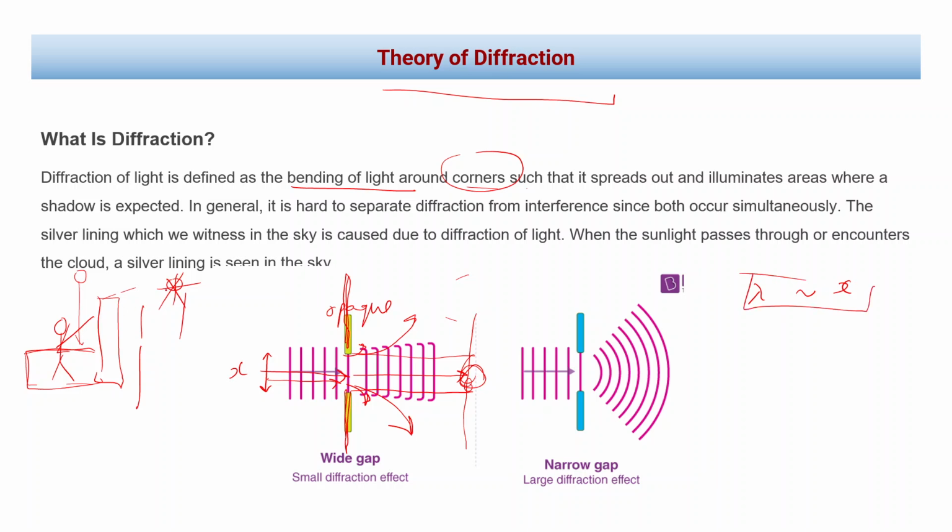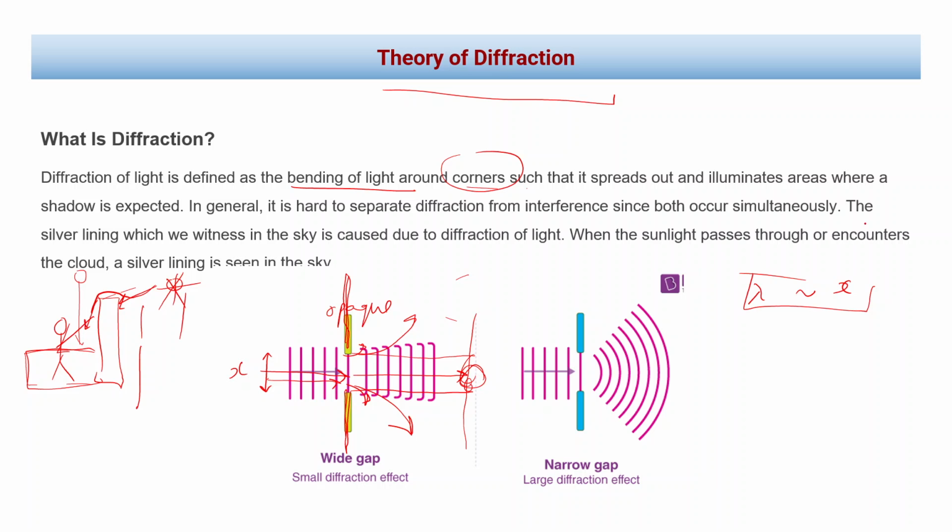Otherwise, take this sun and building example: their wavelengths are not comparable. That's why diffraction is not happening and the light is getting obstructed. Otherwise, if they are of comparable wavelength, then the light will bend around this building or this big obstacle and we will not be getting a shadow.